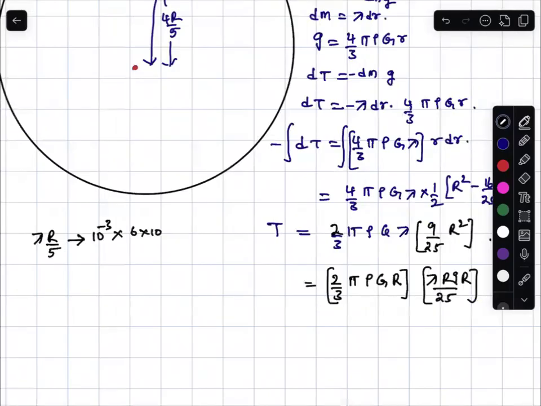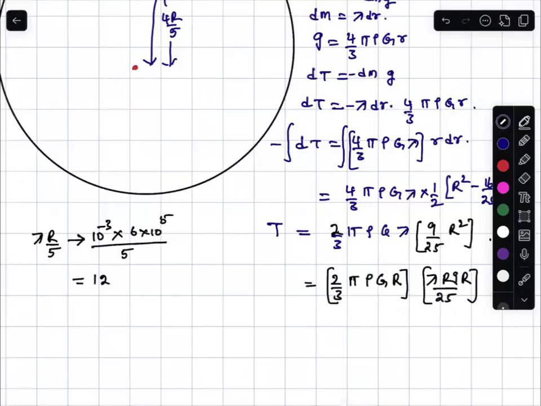Because r is the radius of the planet. But they did not give the radius of the planet in the question. They have given the radius of the Earth. And he mentioned 1/10. So therefore, 6 into 10 to the power of 5 by 5.